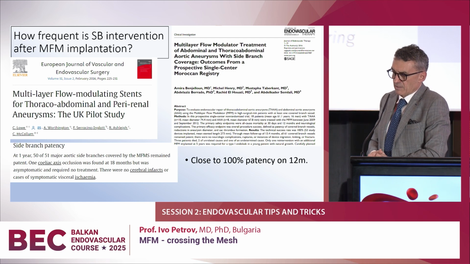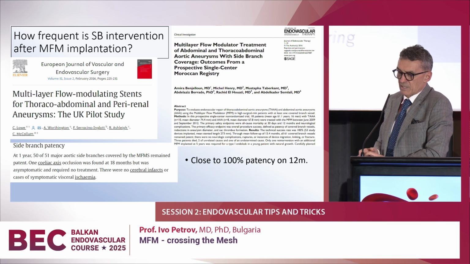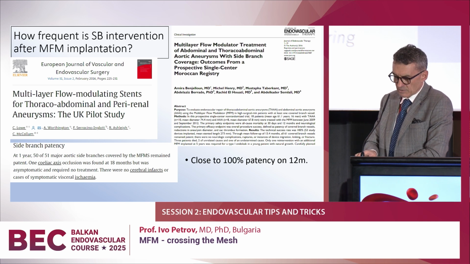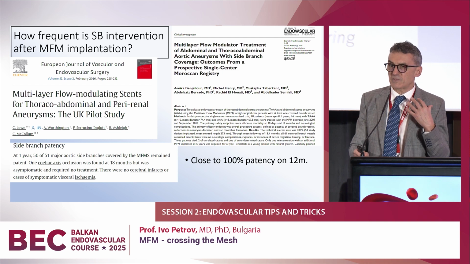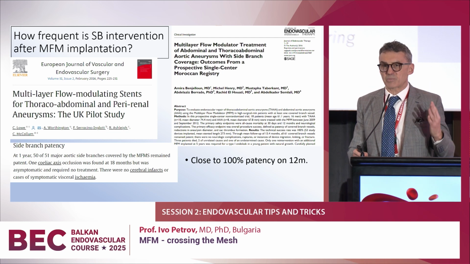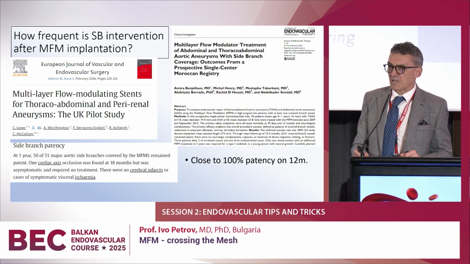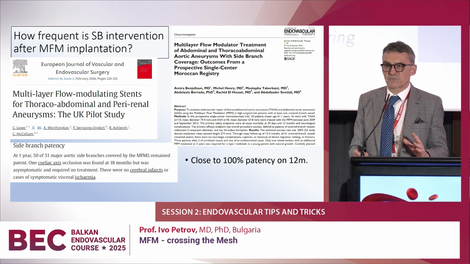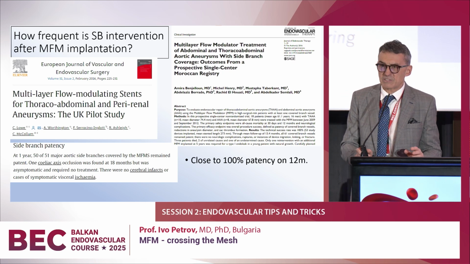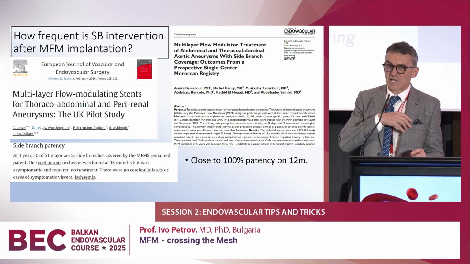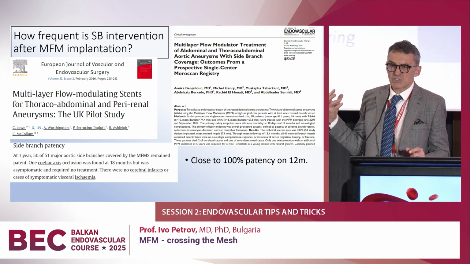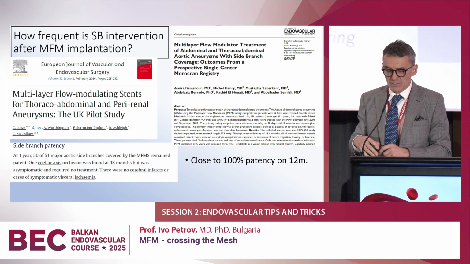Many trials have shown good results in the early period, and excellent results regarding preserving the flow into the side branches. We implanted and published one of the first in the history of medicine, multi-layer flow modulation for aortic dissection type A in a young patient in a critical condition.